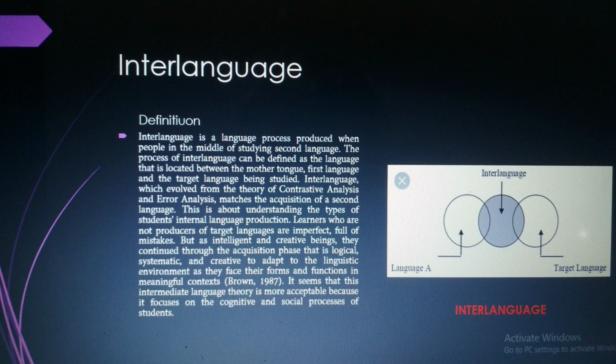Learners who are not producers of the target language are imperfect, full of mistakes, but as intelligent and creative beings, they continue through an acquisition process that is logical, systematic, and creative to adapt to the linguistic environment as they face their form and function in a meaningful context.